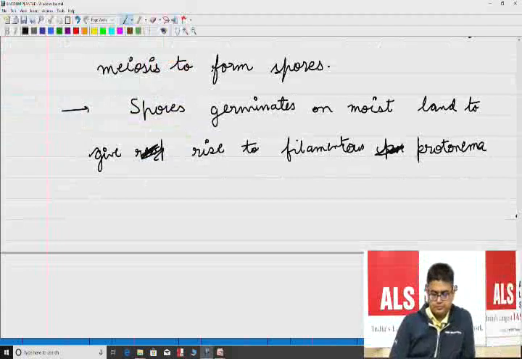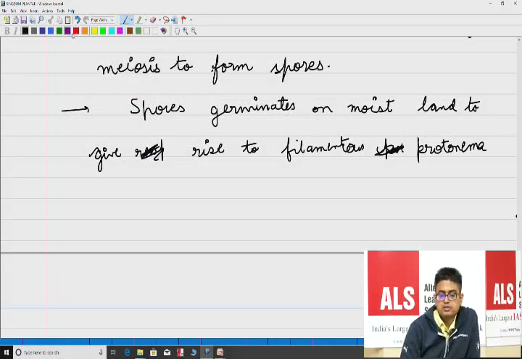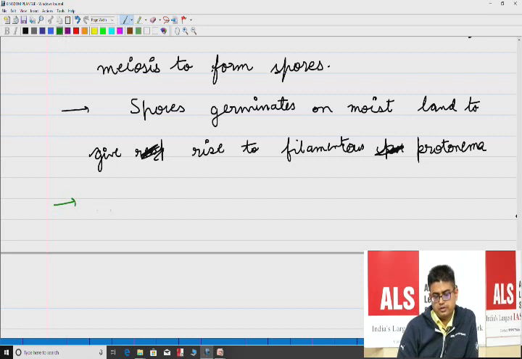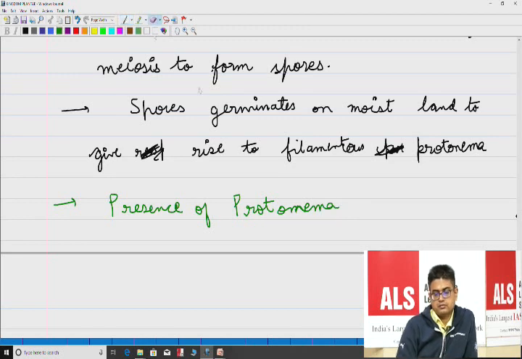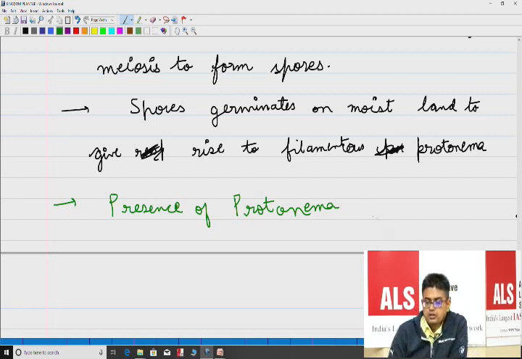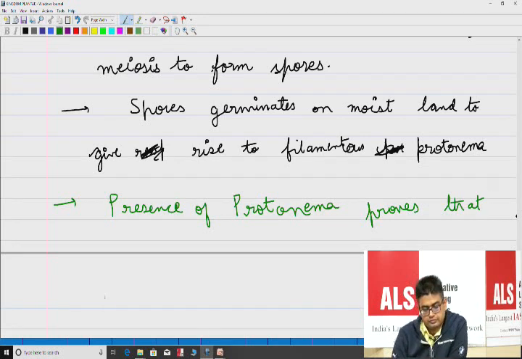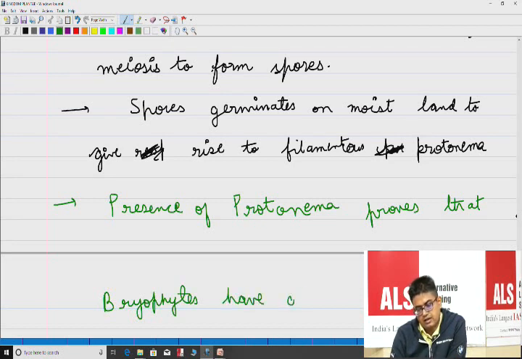Now protonema is the only structure in the plant cell which proves presence of algal ancestry. The presence of protonema in the bryophyta life cycle proves that bryophytes have algal ancestors.